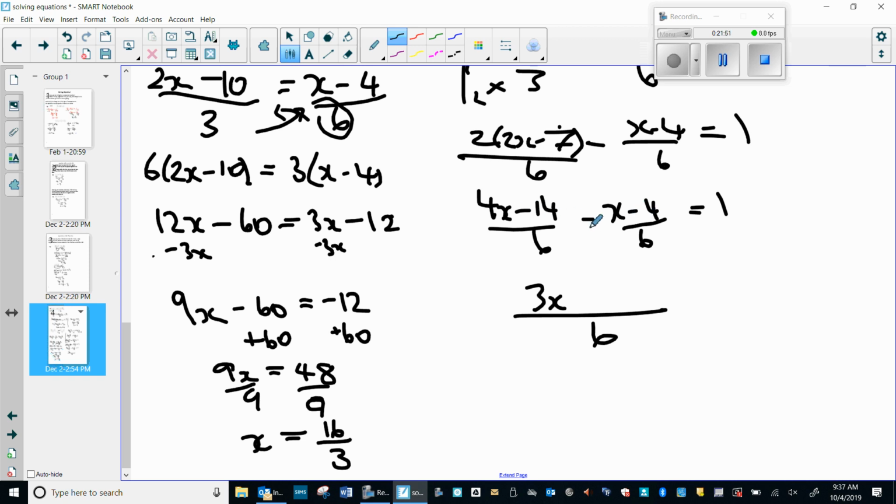So if you've got negative 14 take away negative 4, you're adding on 4, which gives us negative 10. Equals 1. And then you're going to multiply both sides by 6, so we get 3x minus 10 equals 6, plus 10 and divide by 3. Okay, so I can't do it, my hands really hurt me.